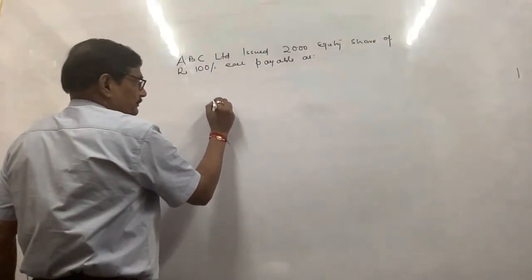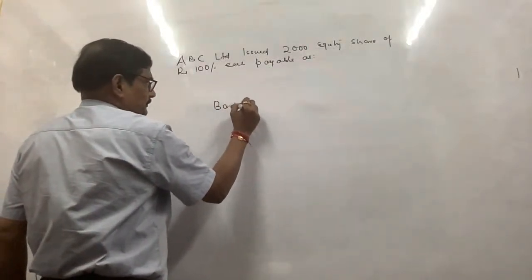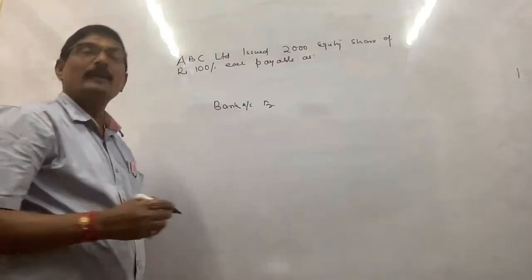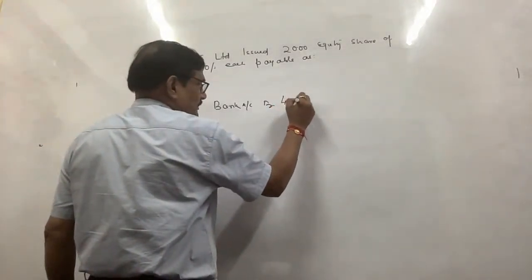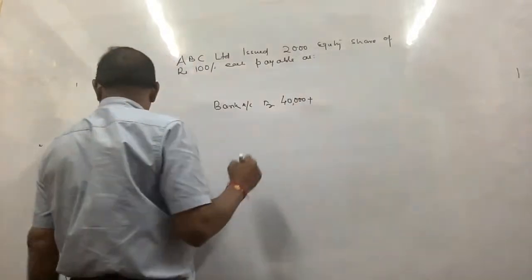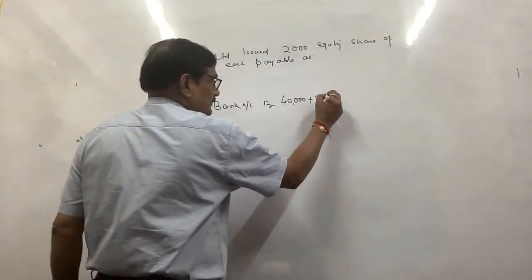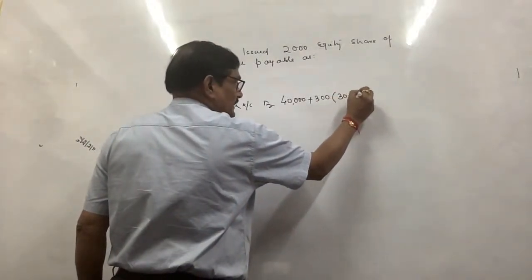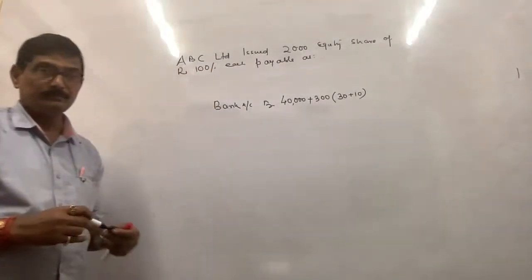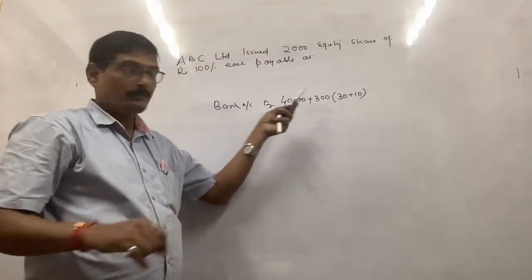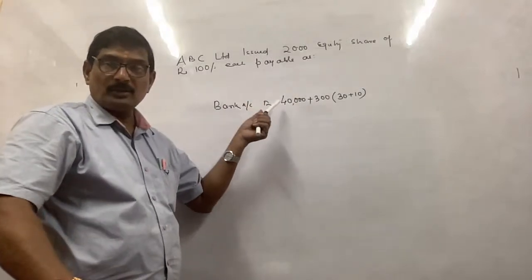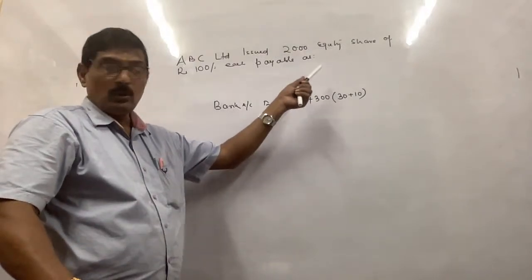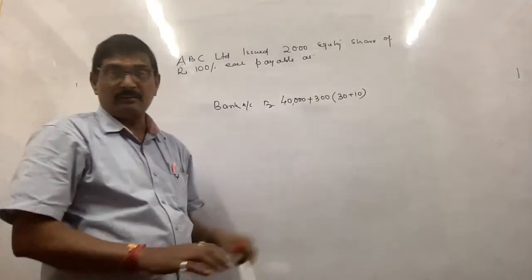Allotment money received. Bank account debit. We are supposed to receive 2000 into 20, that is 40,000 rupees. But holder of 300 shares paid the first call money and second call money with allotment. You should not write it in this way. Bank account debited 40,000 rupees we are supposed to receive, plus 300 into first call and second call we have received in advance.